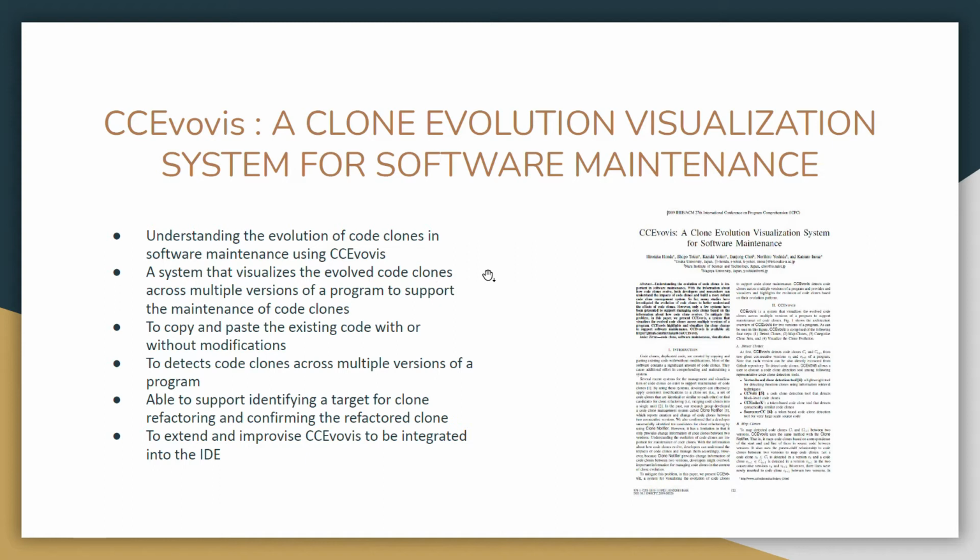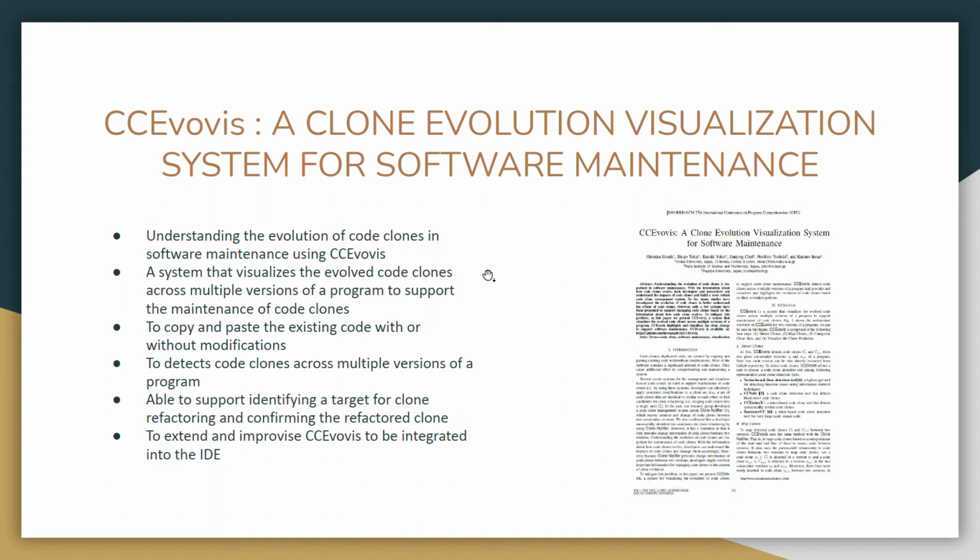CCEvolvist is a system that visualizes the evolved code clones across multiple versions of a program to support the maintenance of code clones. Based on the knowledge about how code clones evolve, researchers and developers can understand the impact of code clones and also build a more robust code clone management system using this CCEvolvist.